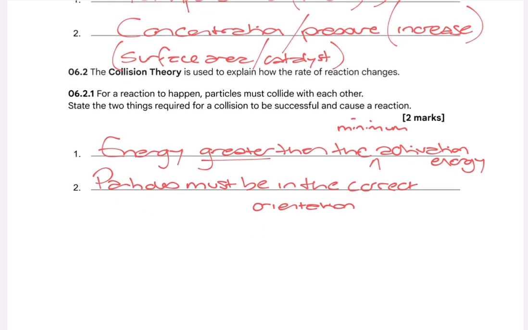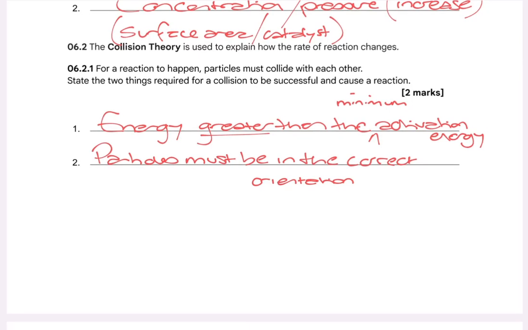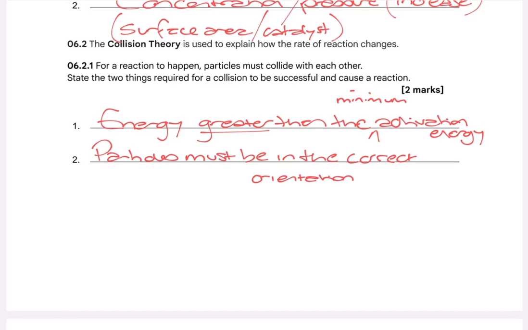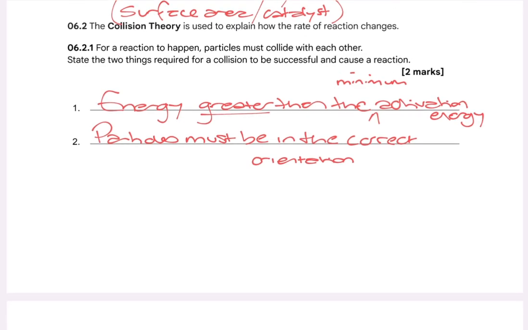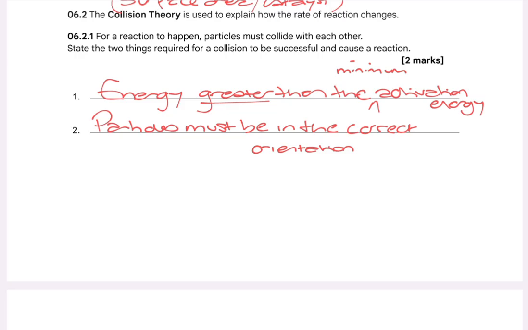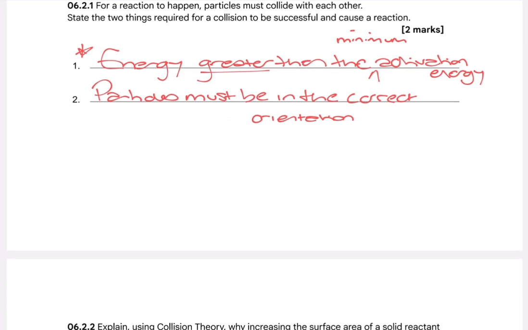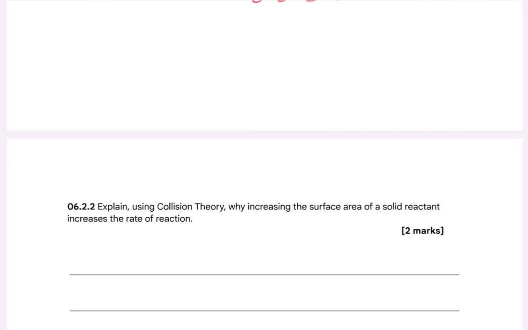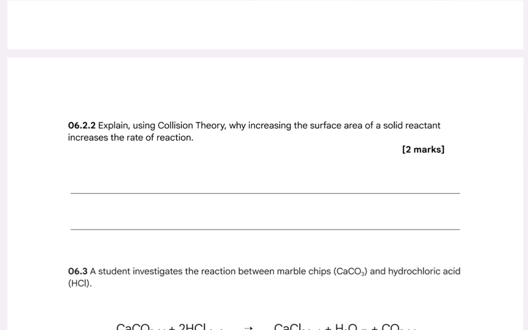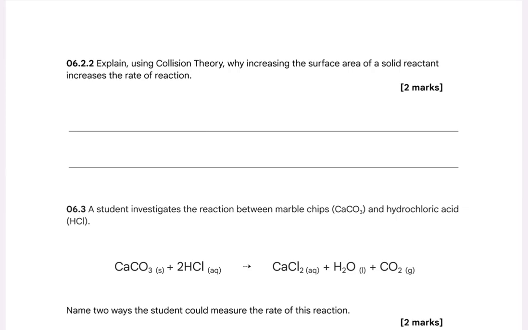In biology, when they're talking about enzymes and things, you may see lock and key type situations, and that's what it means by orientation. So we need to make sure we have both of those. For chemistry, largely we're looking for that activation energy though, but as a second requirement, they also have to be in the correct orientation.